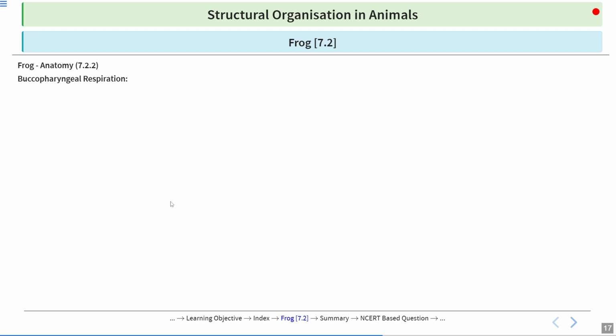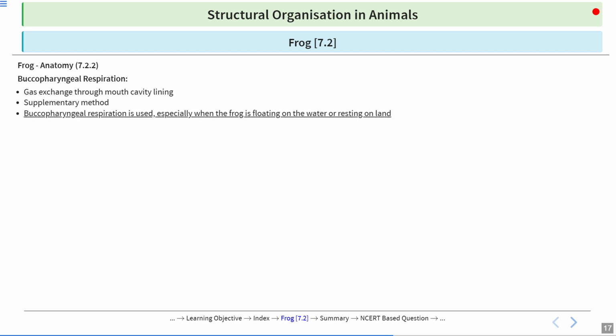Buccopharyngeal respiration. Gas exchange through the mouth cavity lining. From there also the exchange of gases takes place. Supplementary method. This is not the first method of respiration. This is the supplementary method. And buccopharyngeal respiration is used especially when the frog is floating on the water or resting on the land.